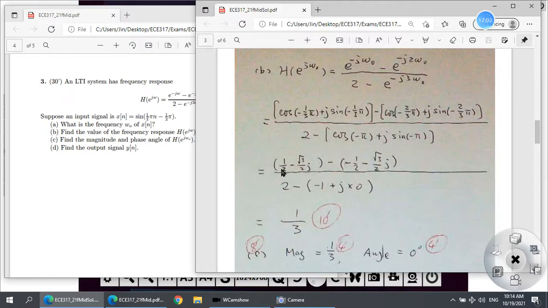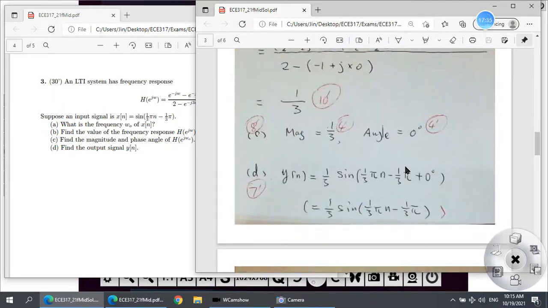So we have 1/2 minus negative 1/2. That's a plus 1/2, right? So half plus half, we get 1. And the denominator: cosine of negative pi is negative 1, and sine of negative pi is 0. So here it is 2 minus negative 1, you get 3. So it's 1/3. Okay, you have capital H, when omega is omega 0, you get 1/3.